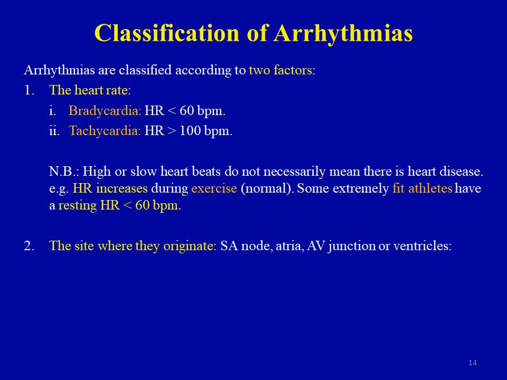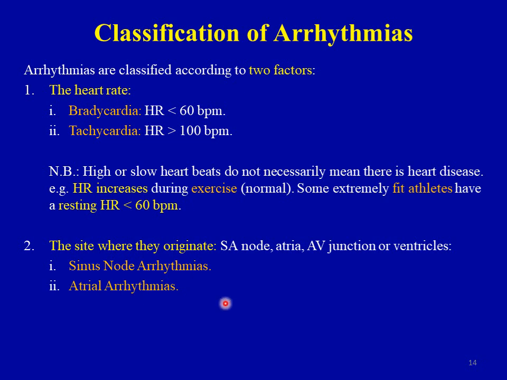The other factor that we use to classify arrhythmias is the site where they originate. We have arrhythmias that originate in the SA node, others in the atria or in the AV junction or the ventricles, the right and/or left ventricle. So according to the site of origin, we have sinus node arrhythmias.